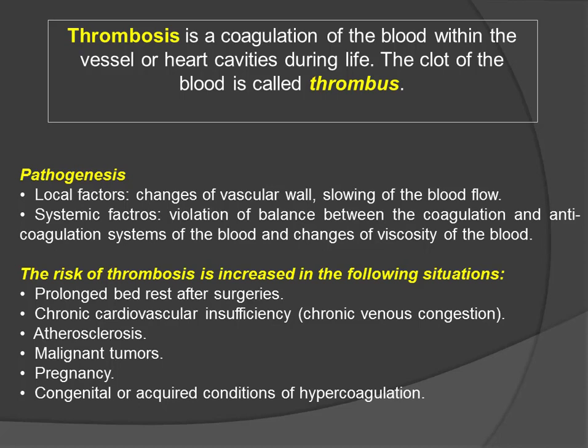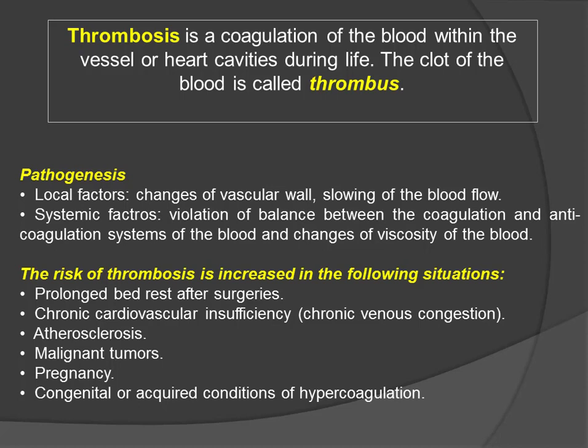Pathogenesis of thrombosis is based on the so-called Virchow triad. First, damage of the vascular wall, vascular endothelium. It stimulates platelet adhesion and activity of the coagulation cascade. It's the dominant factor causing blood clotting in the arteries, and it's less important in the formation of blood clots in the veins and macrovascular.